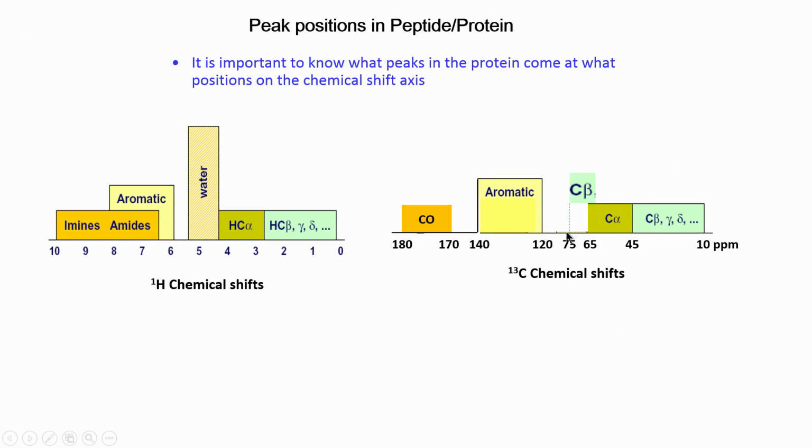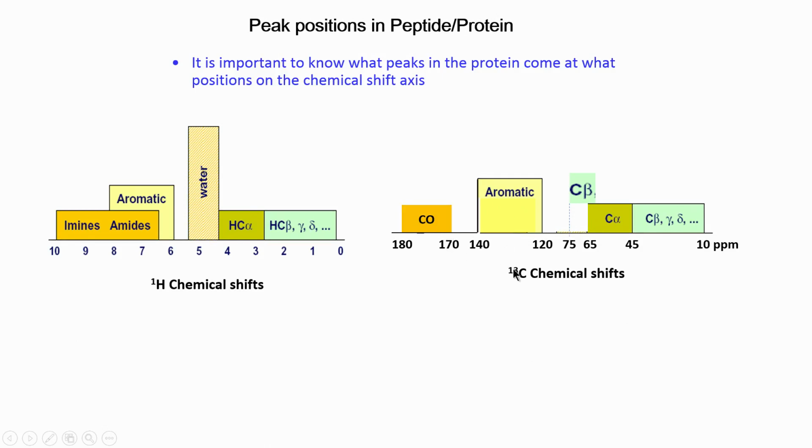There are no peaks in this region in proteins, and then you start getting the aromatic carbons, sp2. Aromatic carbons come in this region. Then again there is a gap, and then the carbonyls, that is amide carbonyls, will come in this region. Okay. So, this is typically the range for the protein chemical shifts as far as carbon is concerned.